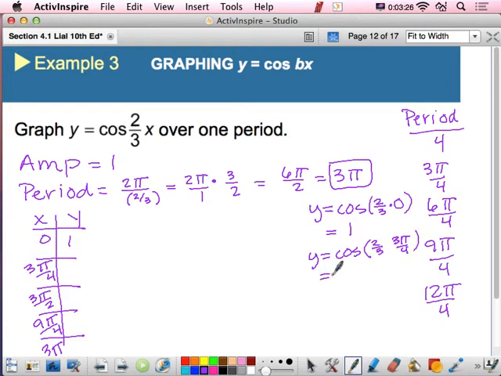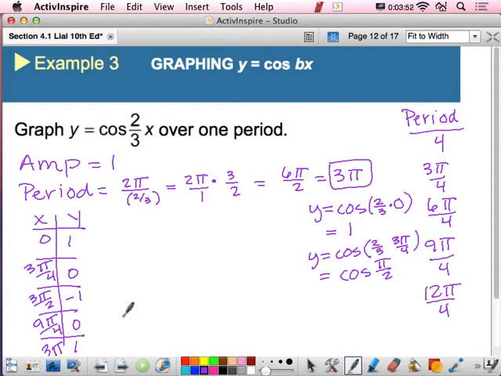Well, that reduces to 2 pi over 4, which reduces to pi over 2. And that's what should happen. It should go back to your quadrantals. And the cosine of pi over 2 is 0. And we should have known that because every other one should be 0. So we have 1, 0, negative 1, 0, 1. So you just alternate off.